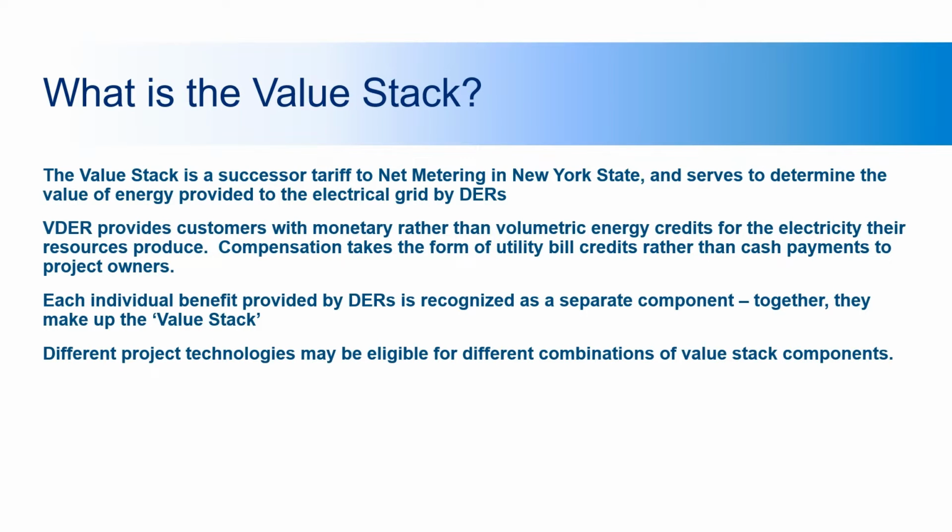Each individual benefit provided by DERs is recognized as a separate component. Together, they make up the value stack. Projects may be eligible for different combinations of value stack components, depending on the nature of the technology they include and their ability to address specific grid needs.